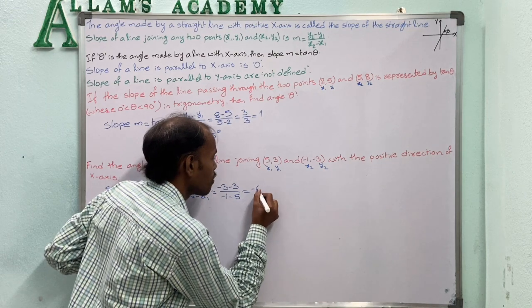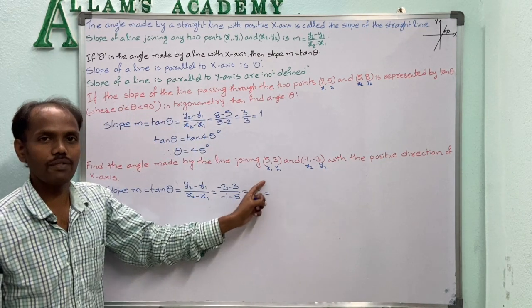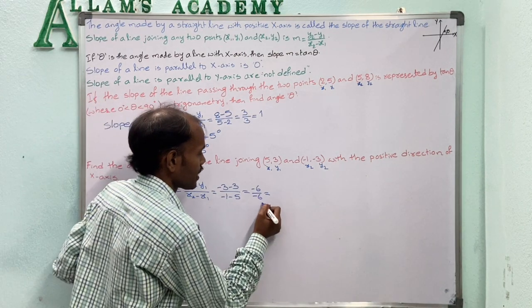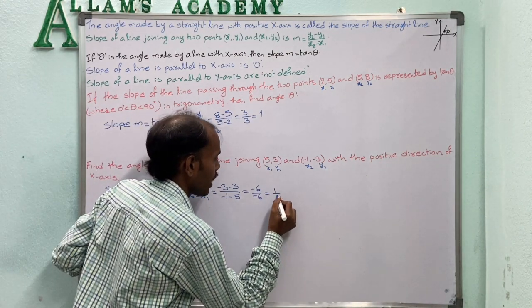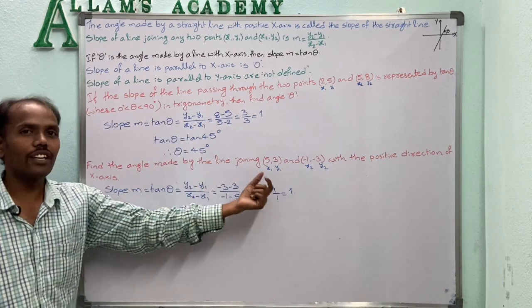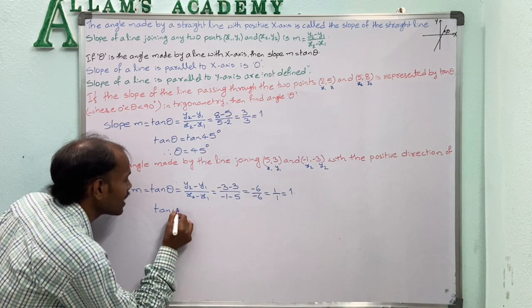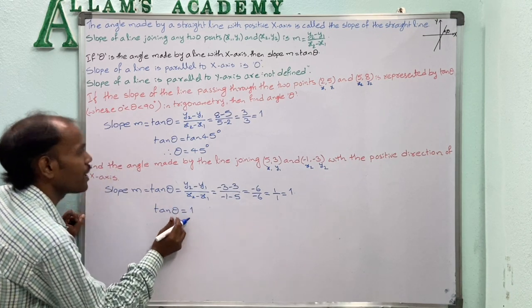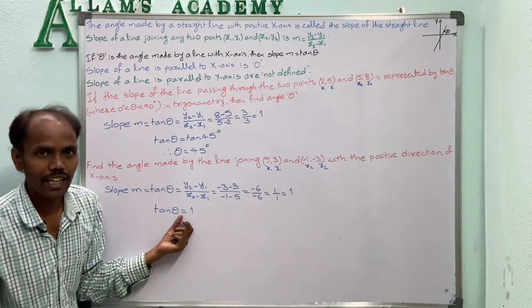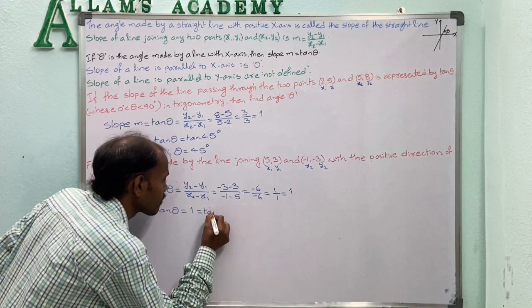So minus 6 by minus 6. The minus gets cancelled. Six ones are 6, six ones are 6. That is nothing but 1 by 1, that is equal to 1. So the tan theta value is equal to 1. When we get 1 as the trigonometric ratio tan theta, that is nothing but tan 45 degrees.